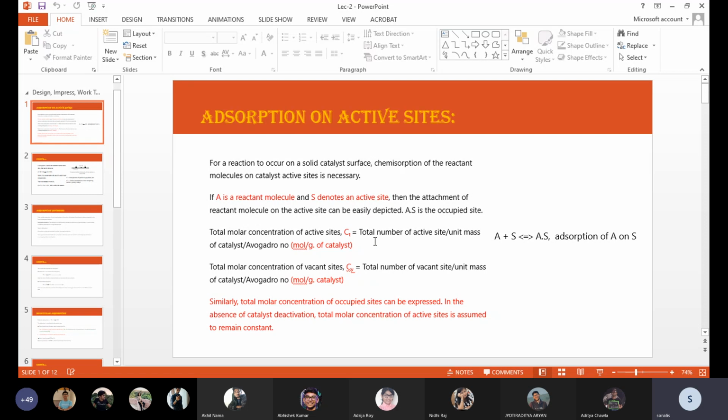So we can represent CT is equal to CV plus the concentration of occupied sites. This way you can represent total active site concentration.